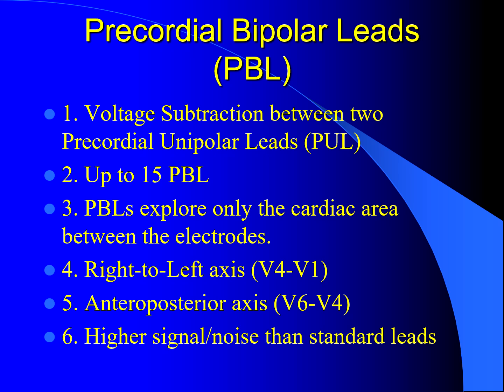So, all the PBLs created between B1 and B4 explore the right-left axis of the heart, while those formed between B4 and B6 explore the anterior-posterior axis of the heart. The proximity of the precordial electrodes to the myocardium allows us to obtain tracings with a much better signal-to-noise ratio, and therefore quality.